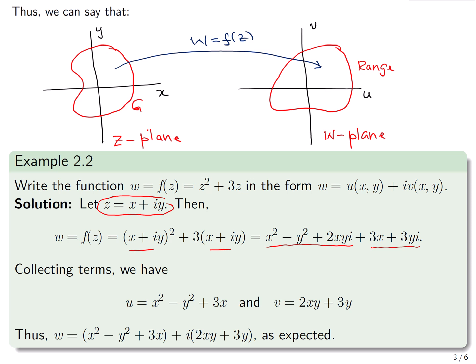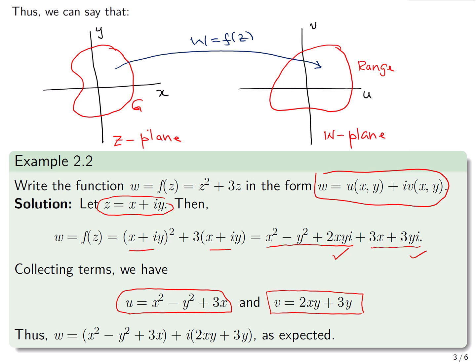The real part gives u equals x squared minus y squared plus 3x, and the imaginary part, the i terms, there are two of them, this one and that one. If you collect them, you can write the function in this form, w equals u plus iv. So you finally get this as the answer.